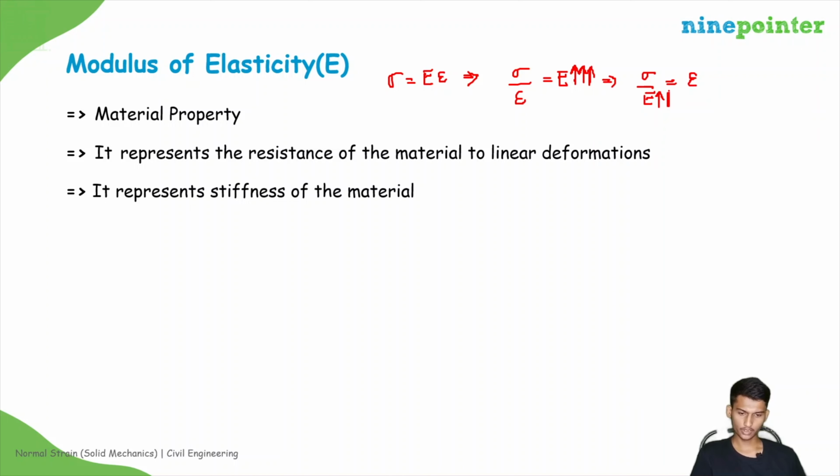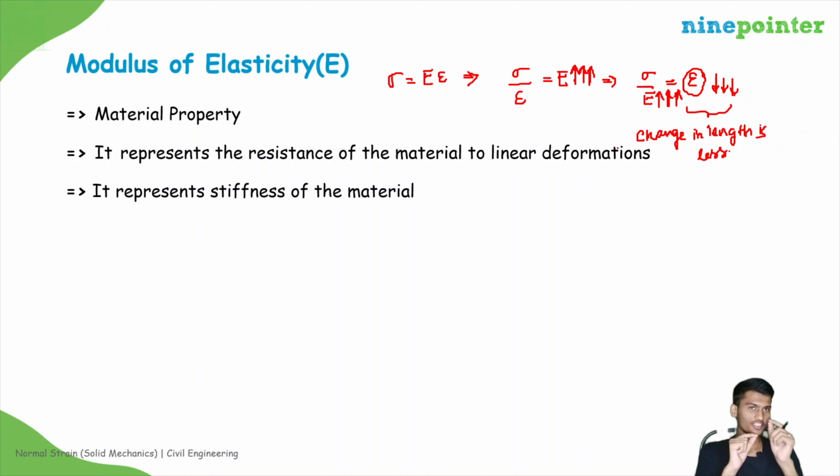If you increase E, what will happen? Epsilon will decrease, right? Epsilon means change in length will decrease. The original length will be the same, but epsilon is decreasing, so change in length is less. It means if modulus of elasticity is more, then the deformation is less.